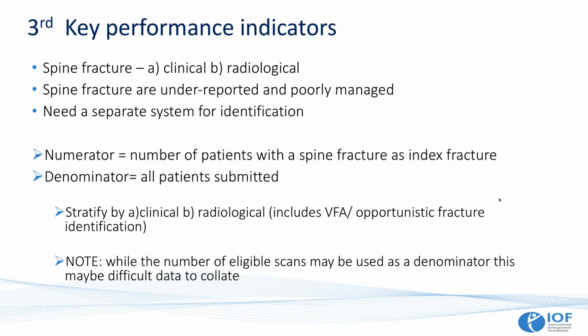However, it's quite difficult to count the number of scans, because some include CT scans, MRI scans, PET scans, and for some FLSs, they may be drawing patients from a number of hospitals, and it was thought to be challenging to get this data. So we've kept the numerator as the number of patients with a spine fracture, and the denominator, the number of patients submitted overall.